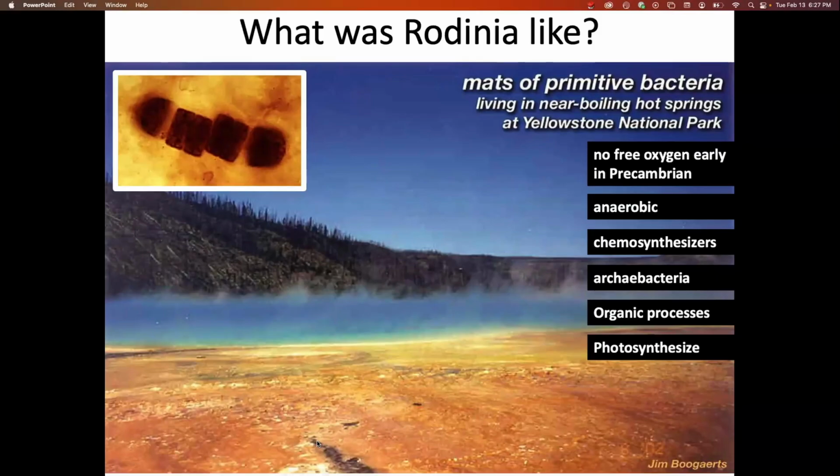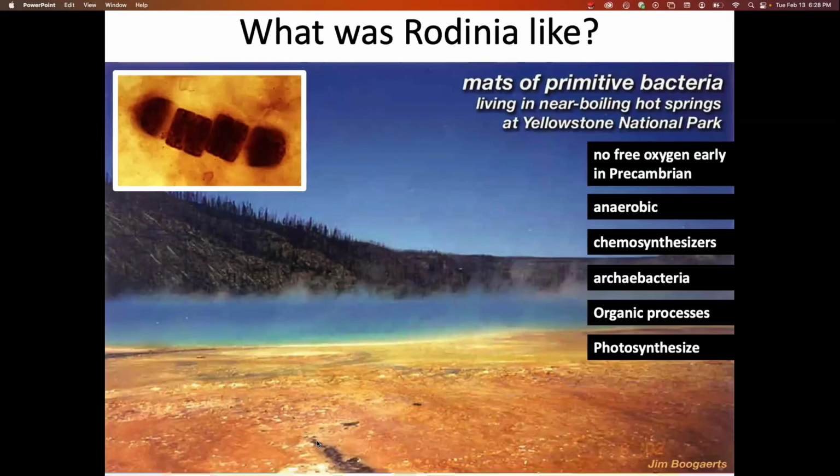There's also very little to no free oxygen during this time period. So we're talking about a very poisonous atmosphere. Oxygen is not present in high amounts. There's really almost no photosynthetic life, except maybe the earliest blue-green algae, the prokaryotic algae.